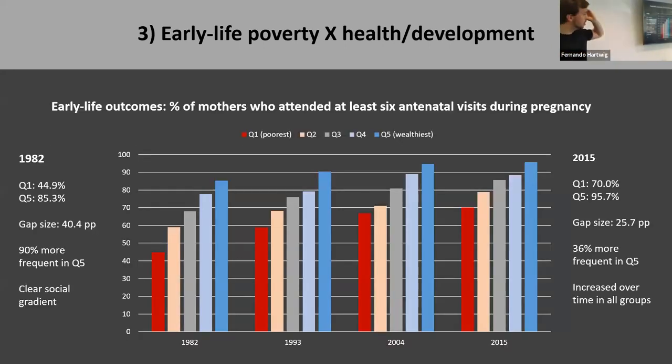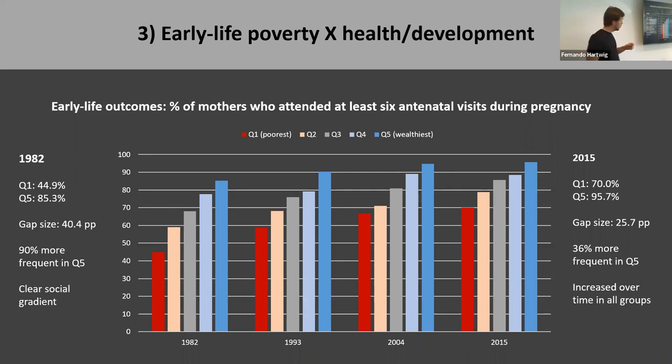So starting with early life outcomes, starting with the earlier stuff first, I suppose. So one of the things we can look at in Pelotas, for example, is the proportion of mothers who attended at least 6 antenatal visits during pregnancy, and this is just an indicator of sort of proper antenatal care.